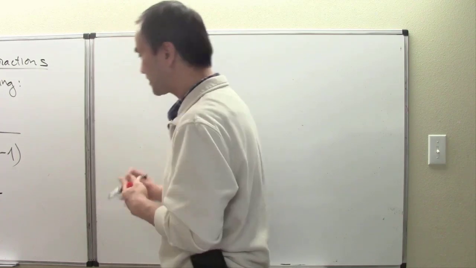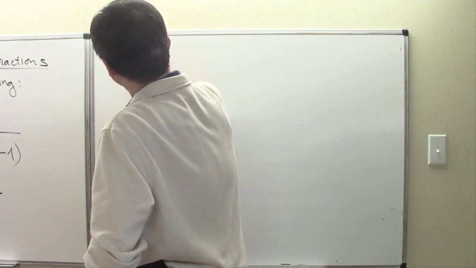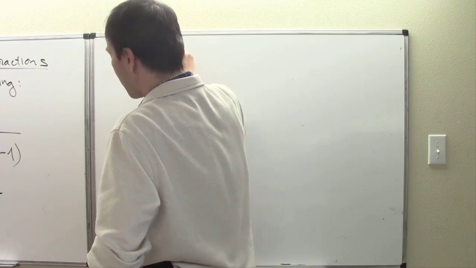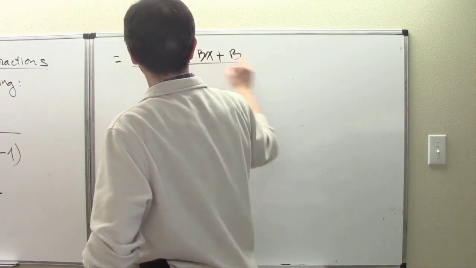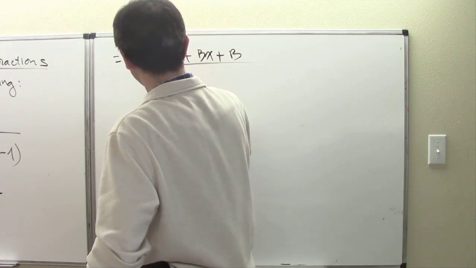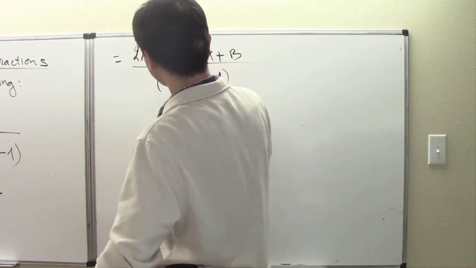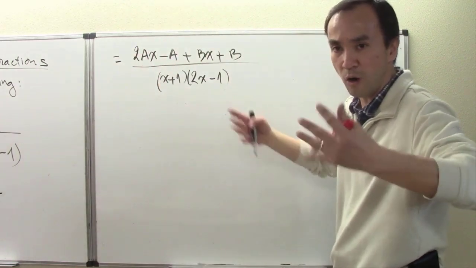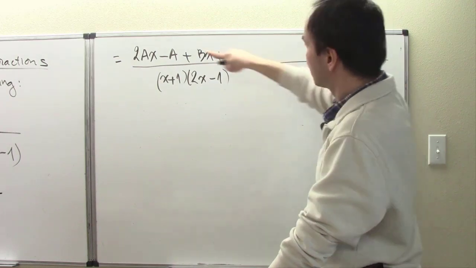So for the next one right here, I'm looking at 2Ax minus A, plus Bx plus B, all over that x plus 1, and really I can simply skip writing the denominator because it will always stay the same. And then now we're going to combine like terms.